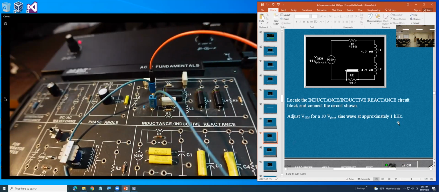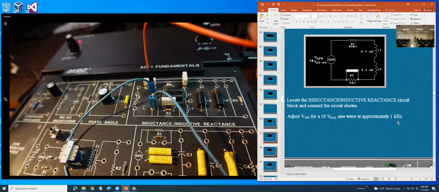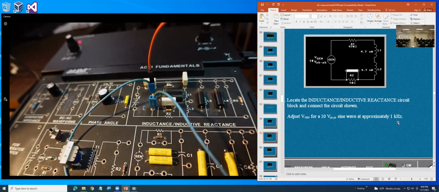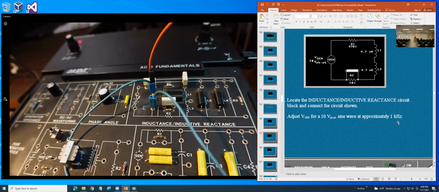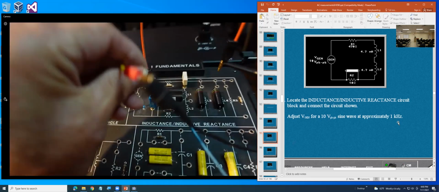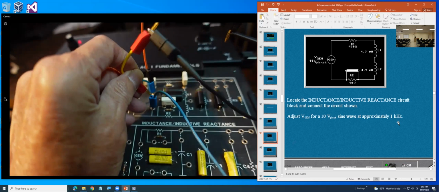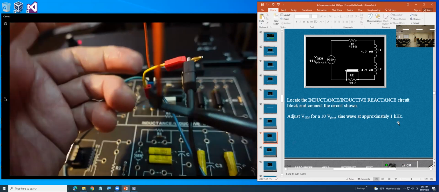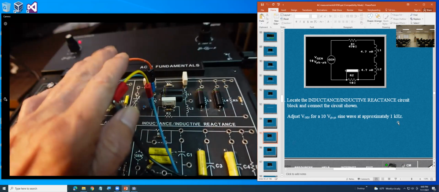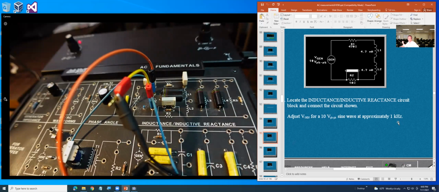I connect the scope channel 1, and the scope root will be connected to the root. Those are the connections we need for now.